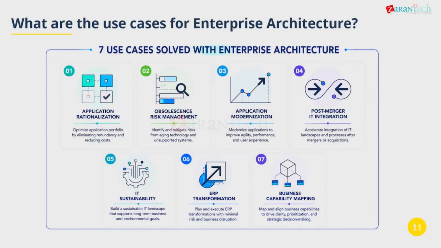So you can get a heat map of which capabilities are supported by healthy applications versus the capabilities supported by the failing ones. You can show where you have overinvested and where you have dangerously under-supported, I would say. It will show you all these things.